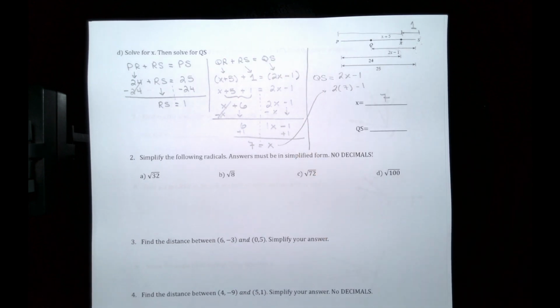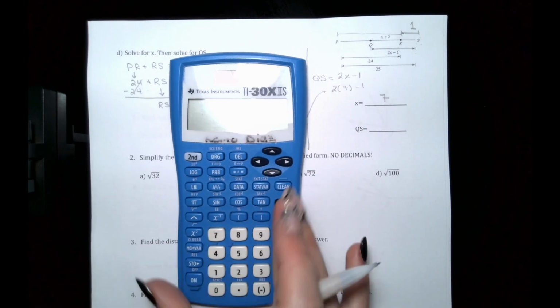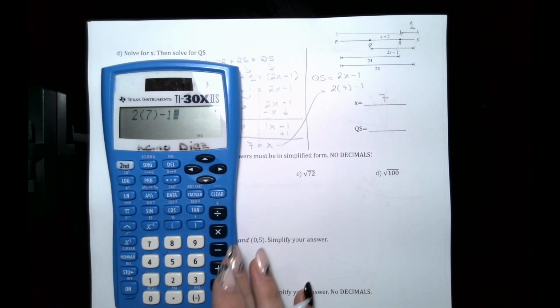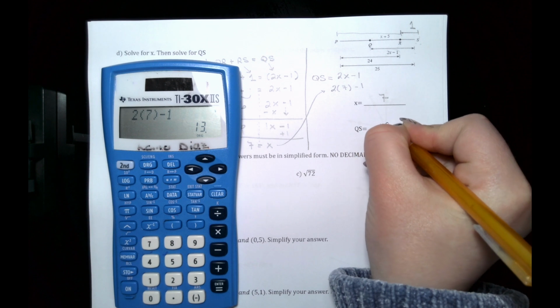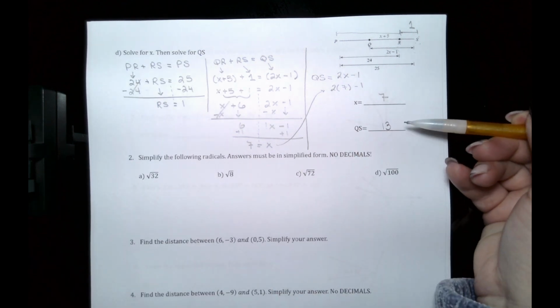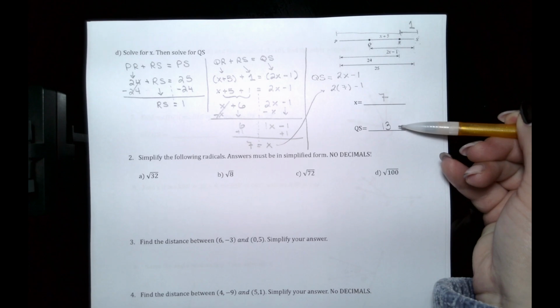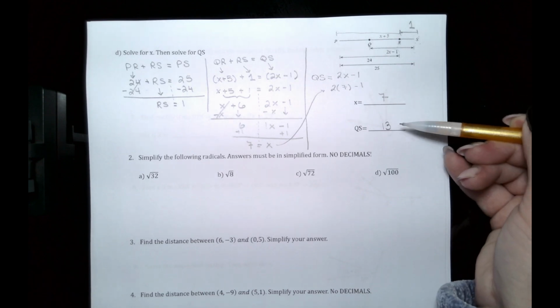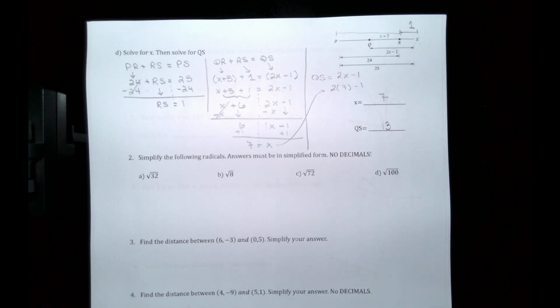In our calculators, we're going to type in exactly what we see: 2 open 7 minus 1. And I get QS as 13. Remember, x can be negative, measurements cannot. So if x ends up being negative, that's okay, but the measurement cannot be negative.